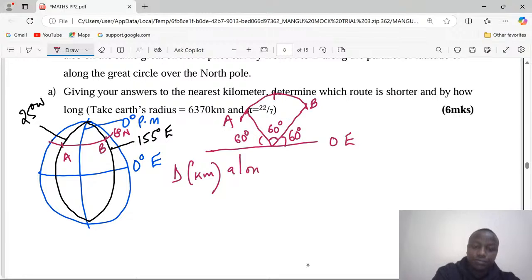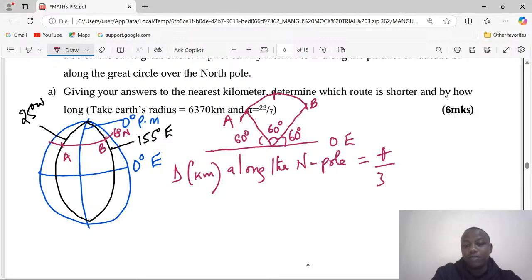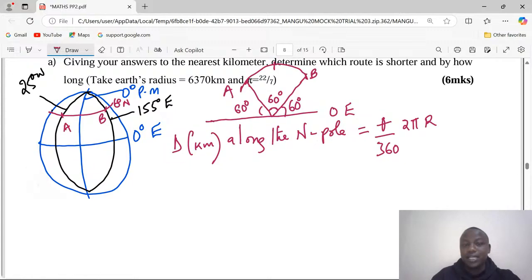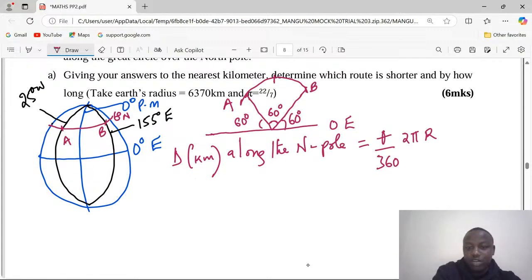So the distance along the North Pole, in kilometers, being a great circle, is theta over 360 times 2 pi r. Theta is the angle at the center of that arc, which is 60 degrees out of 360.